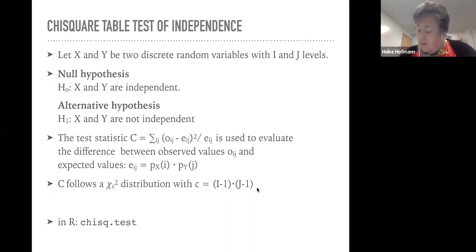So in our case, we have 3 happiness levels and 2 genders. So C is going to be 2. And we can run this test. Actually, we can use R to run this test.